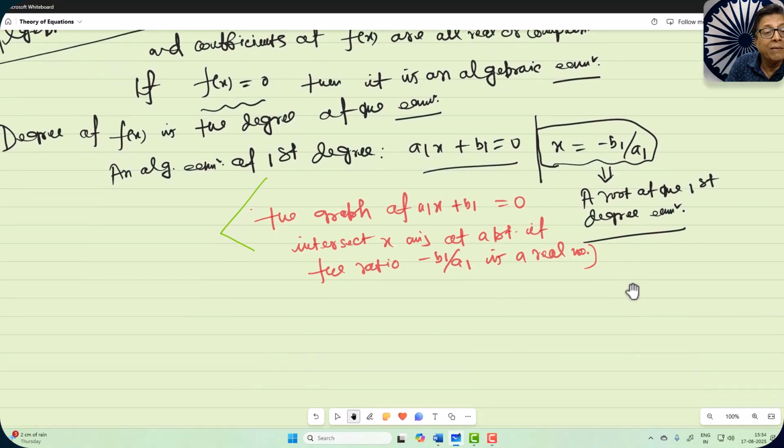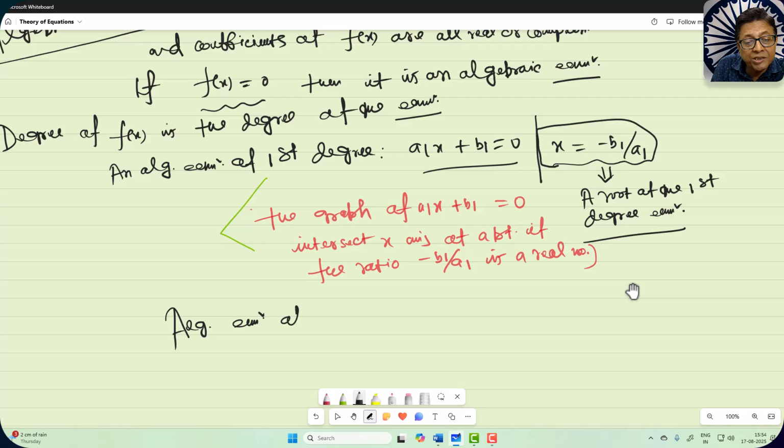So what will be an algebraic equation of second degree? An algebraic equation of second degree will be of the form ax square plus bx plus c equal to 0.